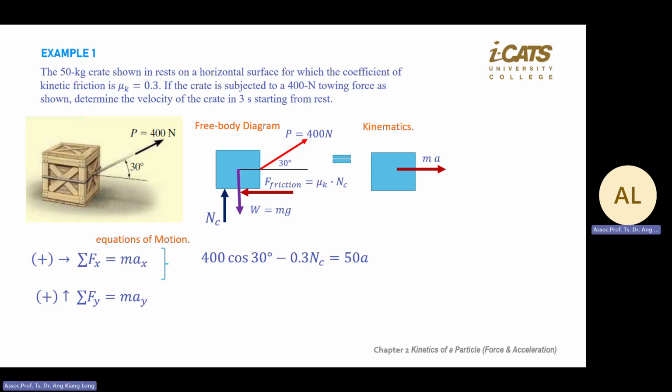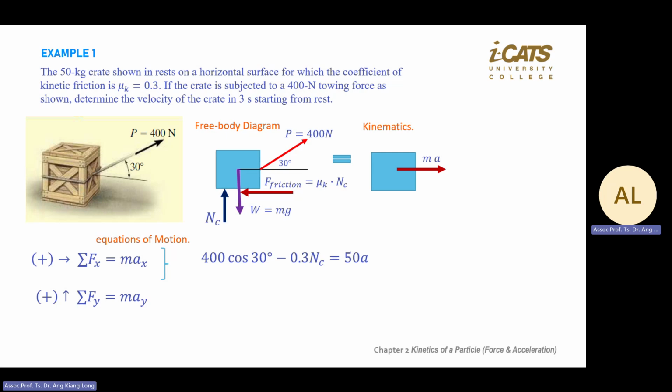So what are the forces in X direction? Friction and P in X direction. You need to split the P into PX and PY. So PX is 400 cos 30 to the right, positive. However, friction is always opposite or resists the motion, so it's to the left.